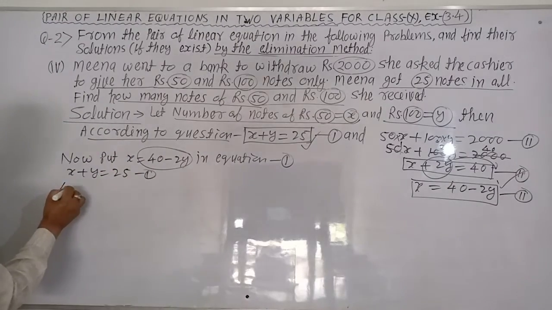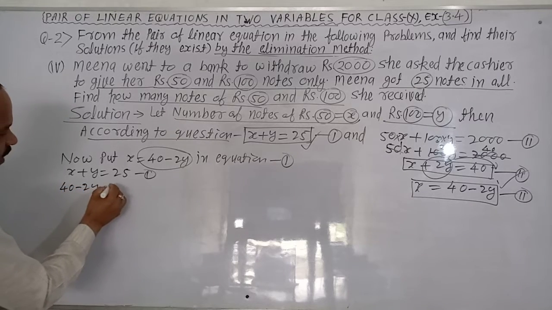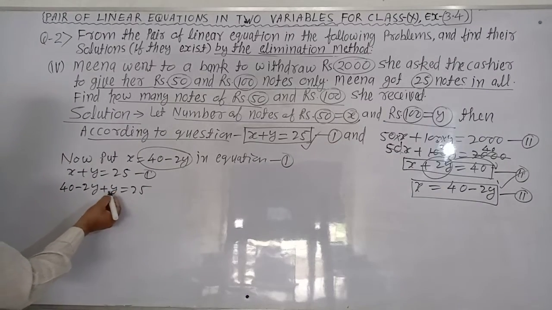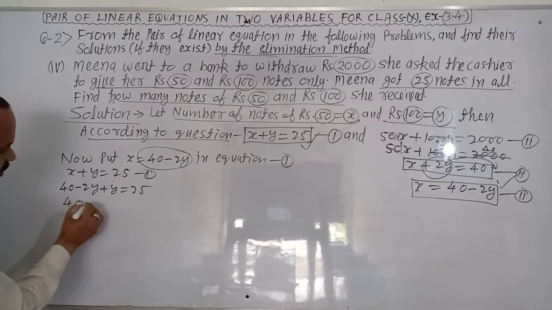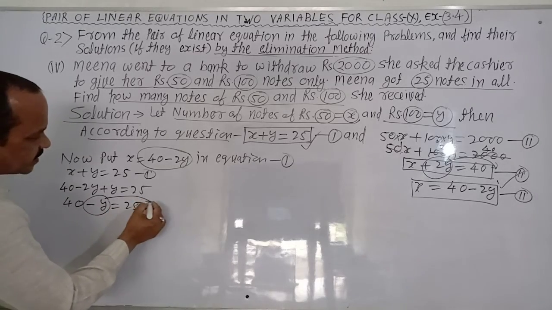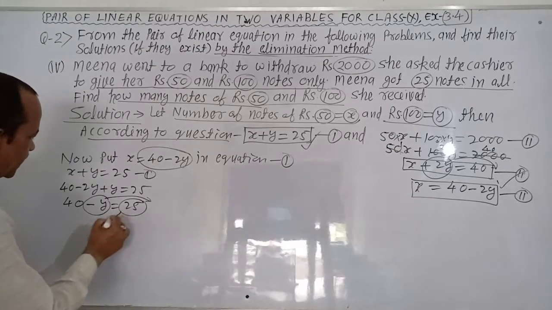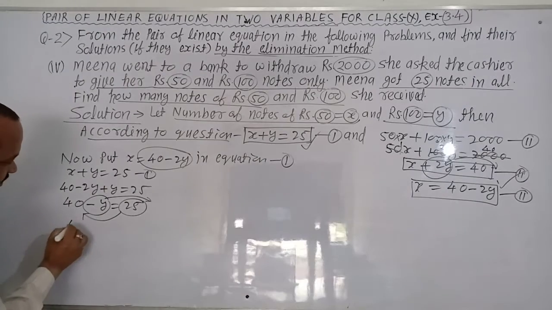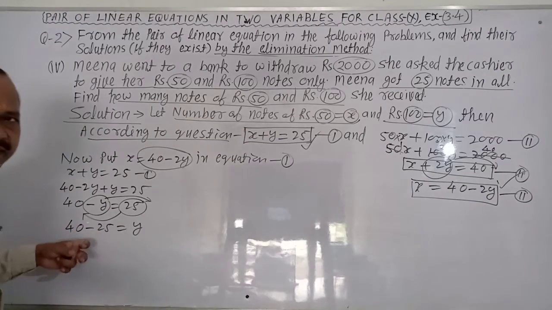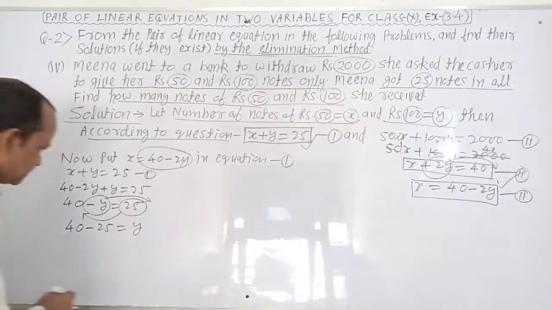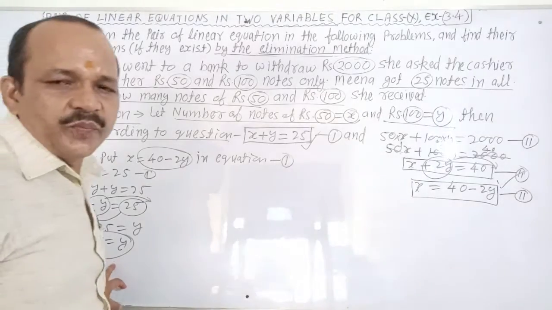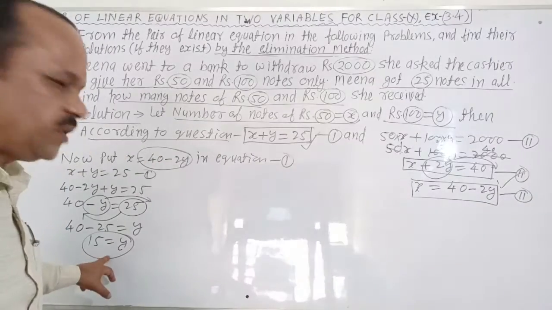It becomes 40 minus 2y plus y equal to 25. Here minus 2y and here plus y. It becomes 40 minus y equal to 25. You can write minus y on the right side of equal and 25 on the left side of equal. It becomes 40 minus 25 equal to y. You can subtract it. 15 equal to y. You find y equal to 15.